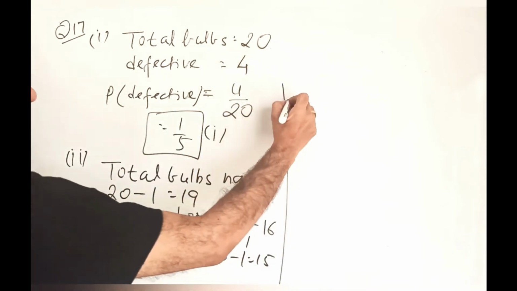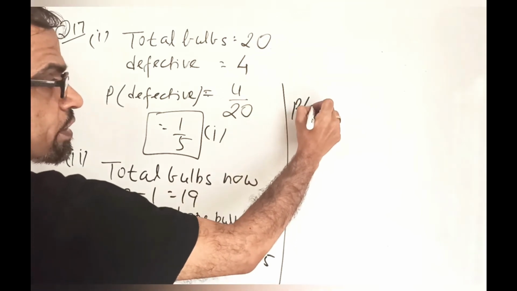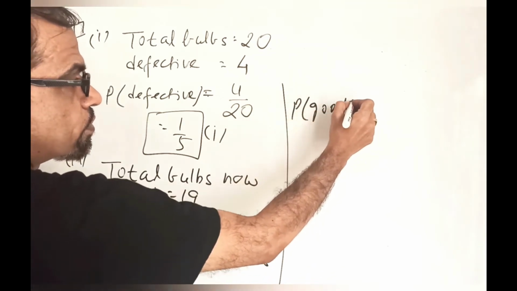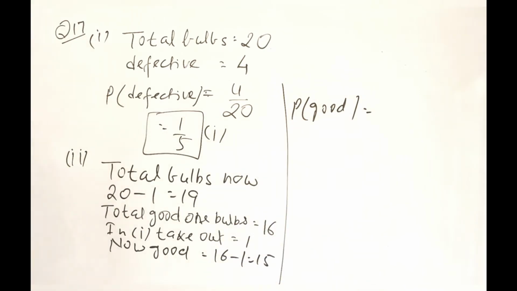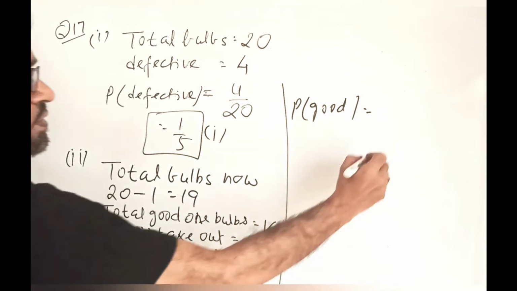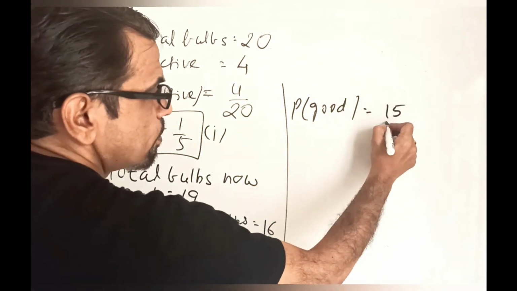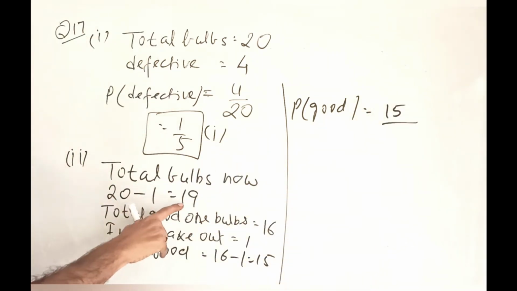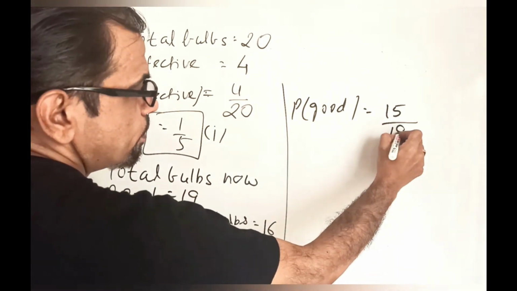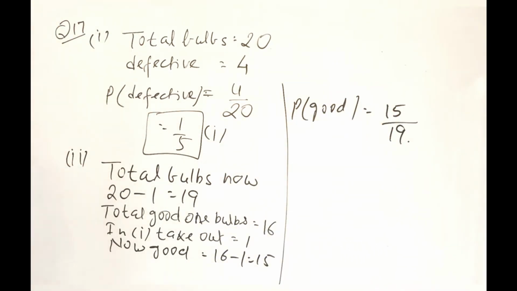So our required probability of a good bulb now is equal to favorable outcomes, meaning the good bulbs are now 15. So 15 favorable outcomes. Now the total bulbs are 19. So 15 upon 19. Okay students, because the total bulbs after taking out the 1 is 19, and after taking out this one bulb in the first part, the good bulbs are 15. So the answer will be 15 upon 19.